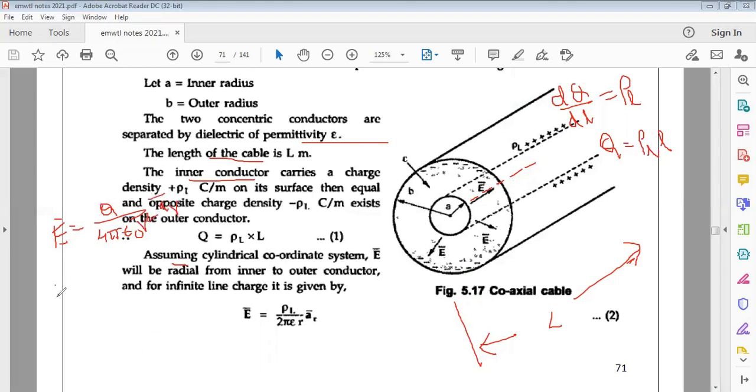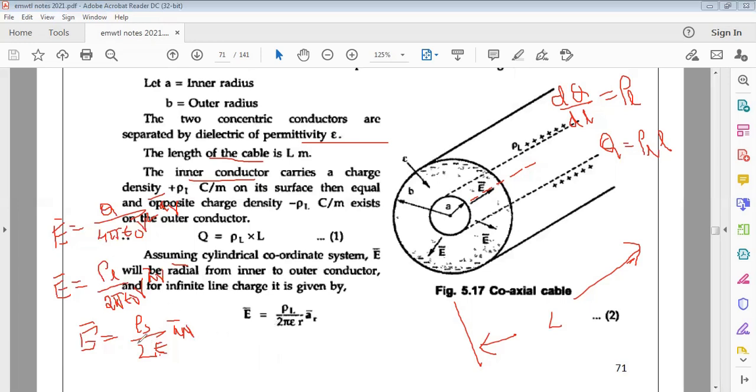This is the electric field intensity for an infinite line charge, rho L by 2 pi epsilon R into AR bar. And for an infinite sheet of charge, E bar is rho S by 2 epsilon into AR bar. When it is free space, epsilon becomes epsilon naught.